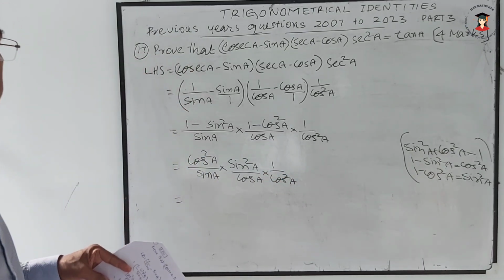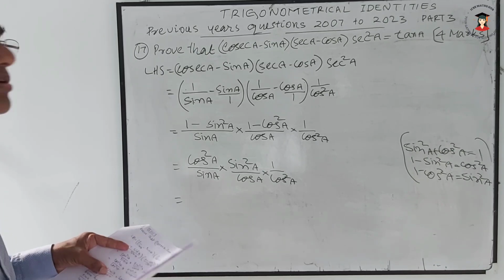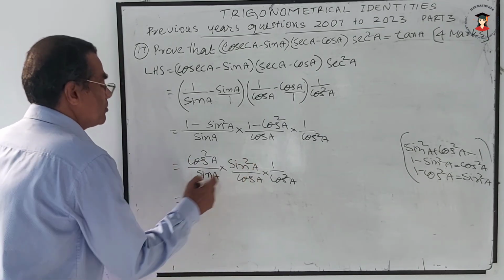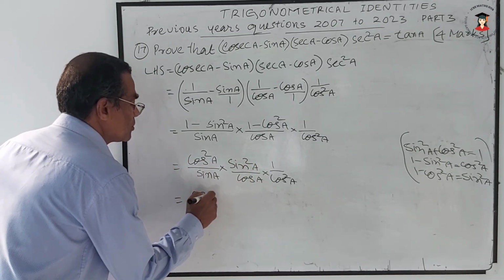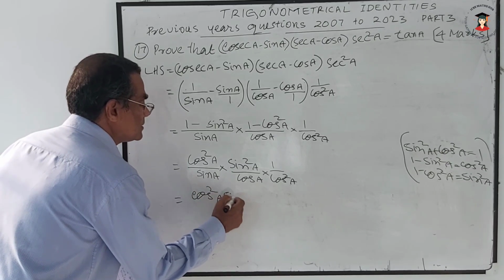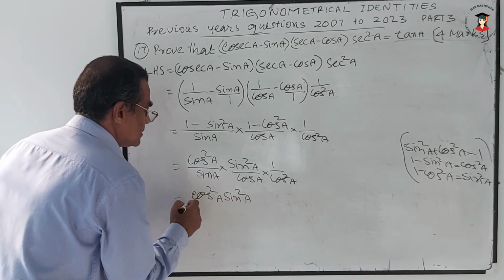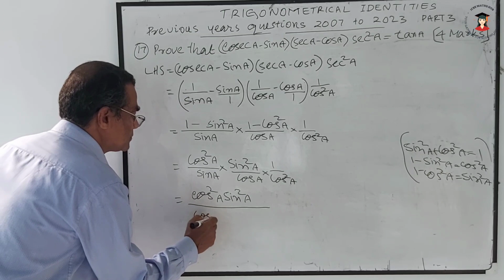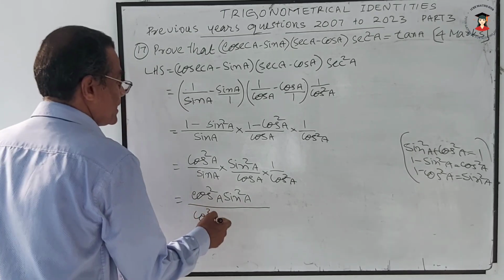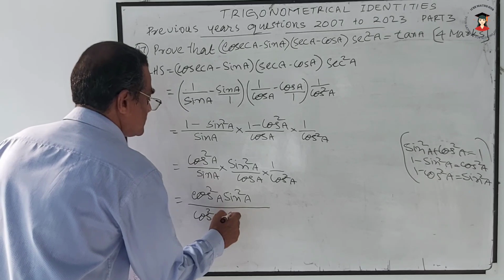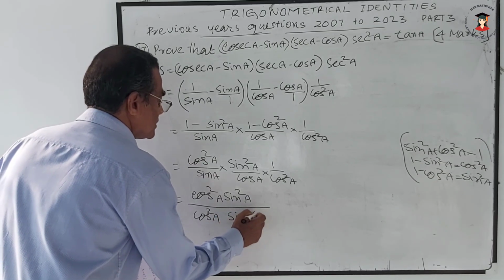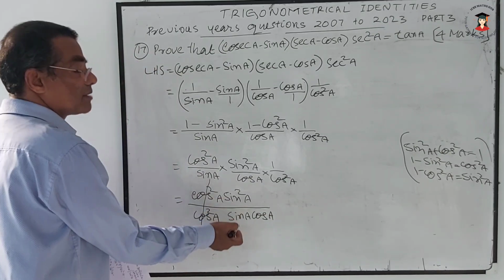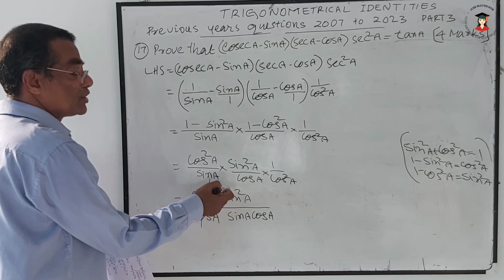These are 3 fractions, multiplication of fractions. The rule for multiplication of fractions is multiply the numerators and multiply the denominators. Multiplying the numerators will become cos square A into sin square A into sin square A. Then the denominator, there is a cos square A here, cos square A, sin A into cos A. So cos square A will go, sin square A by sin A, we will get a sin A in the numerator.